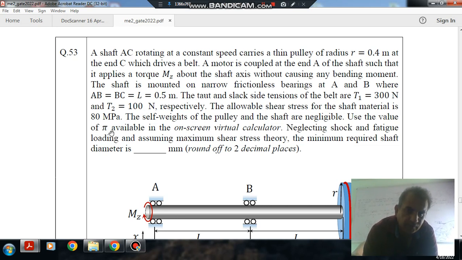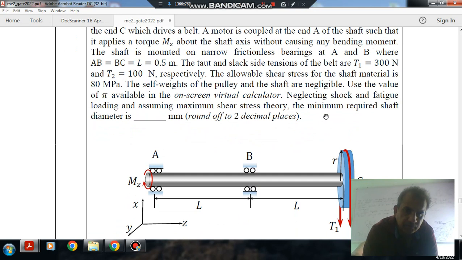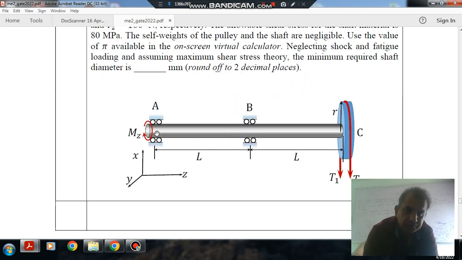Use the value of pi available on the screen virtual calculator. Neglecting shock and fatigue loading and assuming maximum shear stress theory, the minimum required shaft diameter is dash mm, rounded up to 2 decimal places.